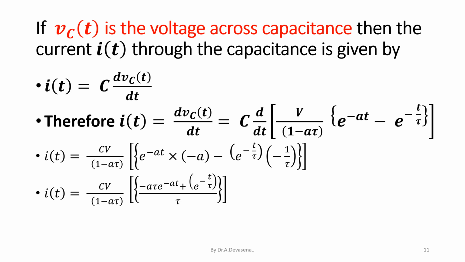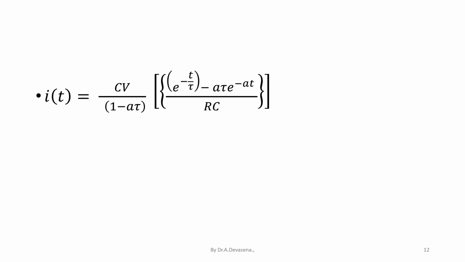That is, I of t is equal to CV divided by 1 minus A tau into, open the bracket, minus A tau e power minus at plus e power minus t by tau, the whole divided by tau. So I of t is equal to CV divided by 1 minus A tau into, open the bracket, e power minus t by tau minus A tau e power minus at, the whole divided by RC, close the bracket.